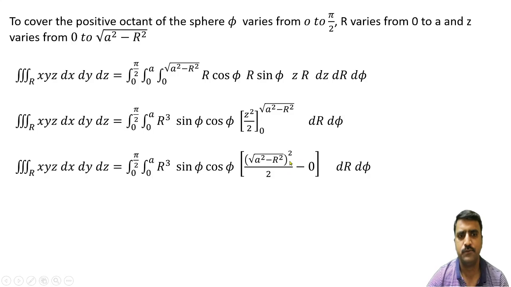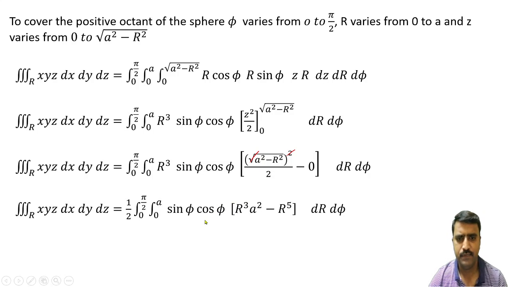Here the root and square cancel, so remaining is only a square minus r square. If you multiply r cube with a square minus r square, it gives r cube a square minus r to the power 5, and keep this 2 in the denominator outside the integration, so it is 1 by 2.